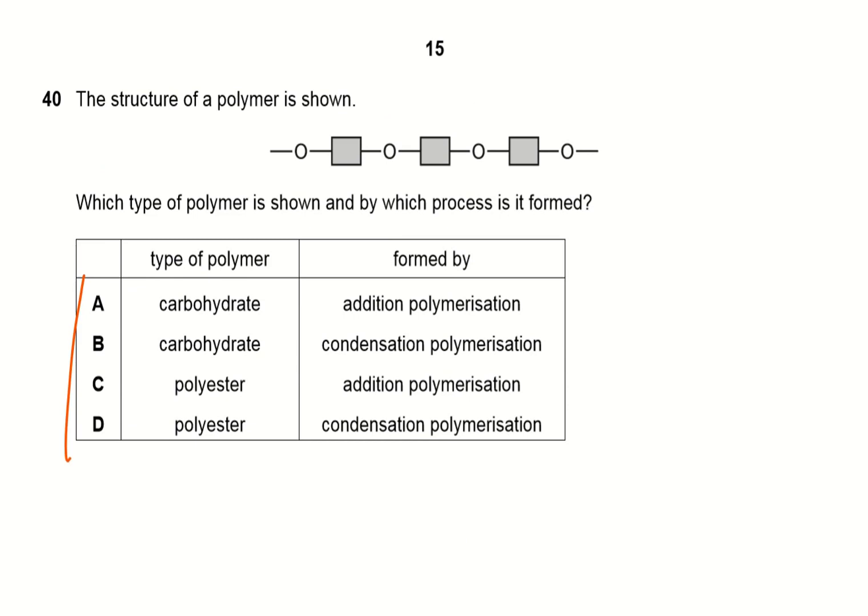Now, ester is usually formed between alcohol and carboxylic acid. But if you look at this, we do not have a carbon double bond to oxygen in any of these diagrams. So there is no ester here.